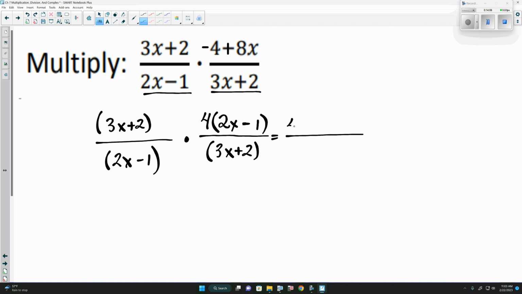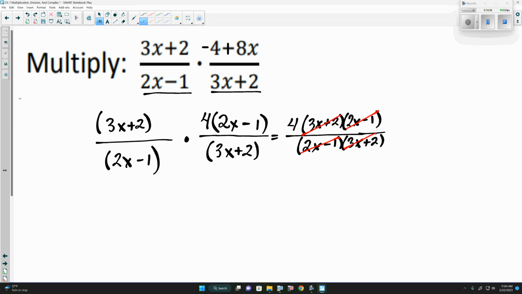So in the numerator, we would have 4 times 3x plus 2 times 2x minus 1. In the denominator, we'll have 2x minus 1 times 3x plus 2. Is there anything in common on top and bottom? 2x minus 1 and 2x minus 1.